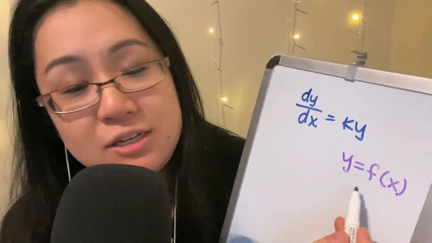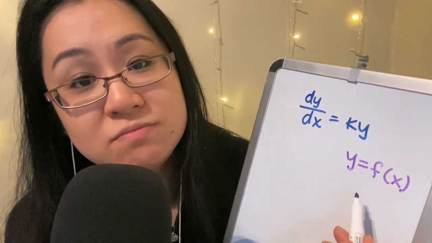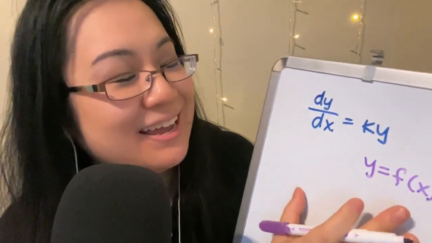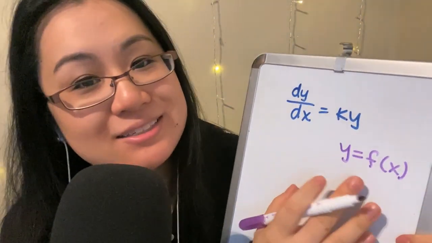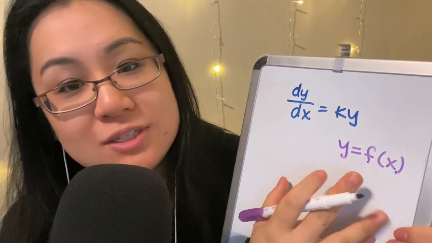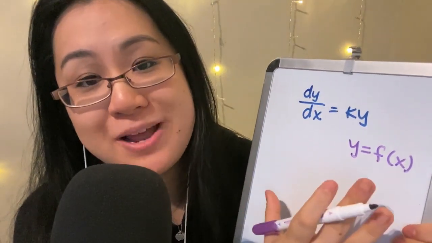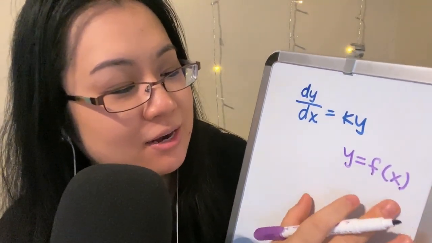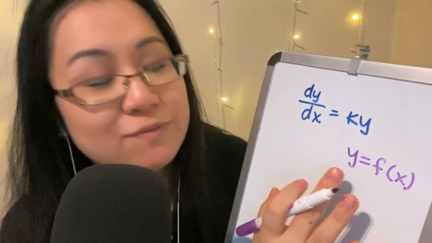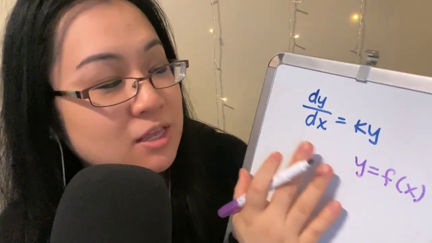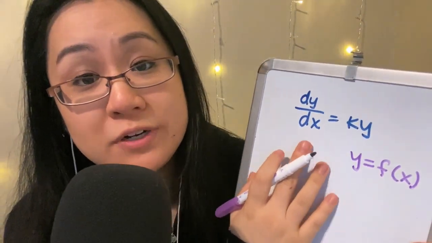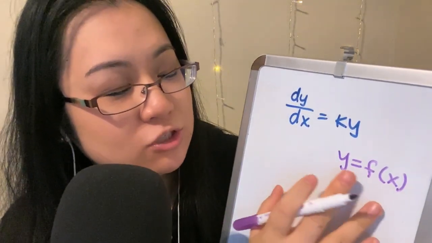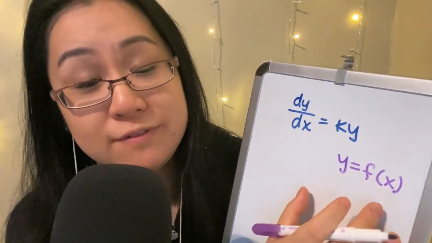It could be e to the 2x plus 7. There's lots and lots of functions, and we study them throughout all of our math classes. And so in general, we just have y and x related in this way. This is going to be for single variable calculus, so we only have a function of x.